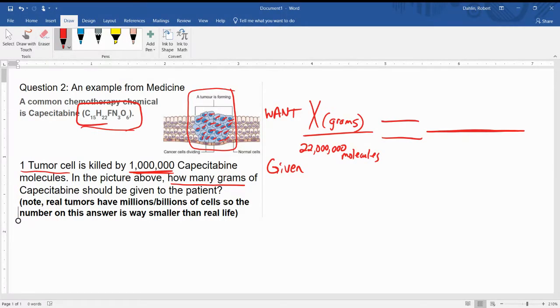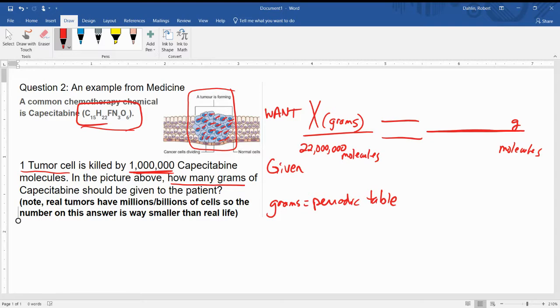Okay, so we have to figure out how grams and molecules are related to each other. Like I've said before, grams needs you to use the periodic table. So to figure out grams on the top, we're going to have molecules on the bottom.